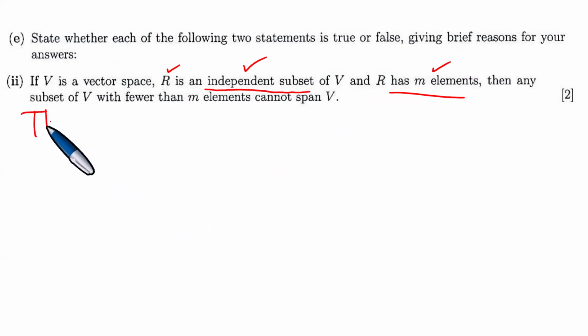So now we argue that this is true. It is true that if you have a linearly independent set, then any subset of V with fewer than M elements cannot span V. This is exactly what we have. Why?